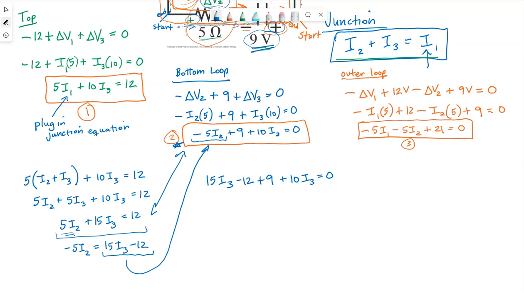I can combine the 15 and the 10, so 25I3 minus 3 equals 0. So 25I3 equals 3. So I3 will be 3/25, which I'm going to put in decimal form: 0.12 amps is the value of I3.